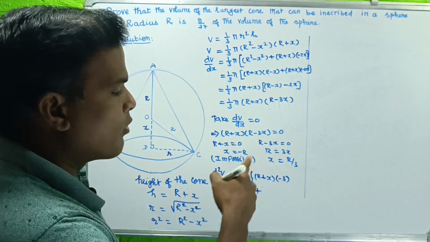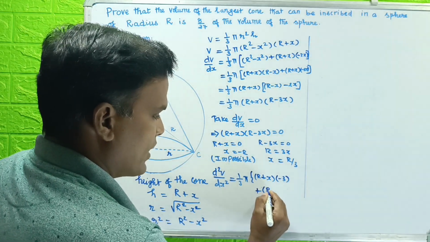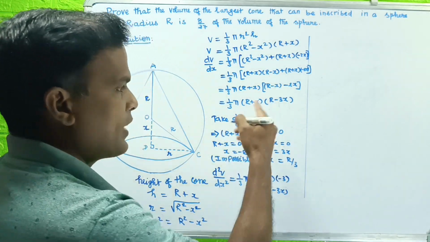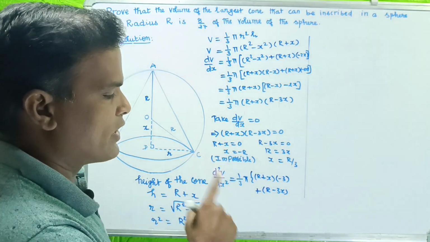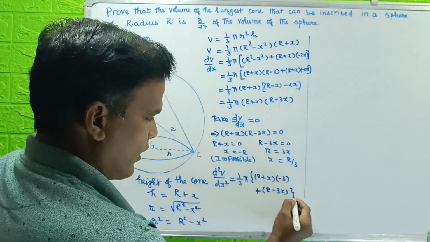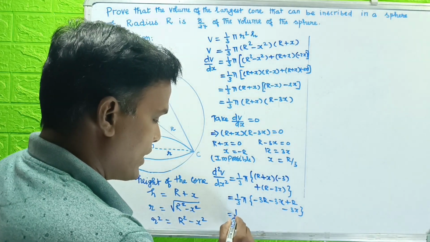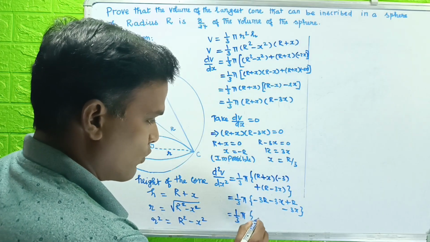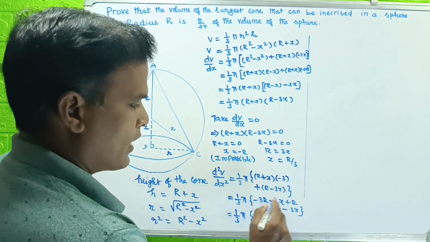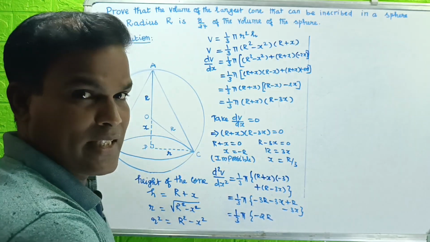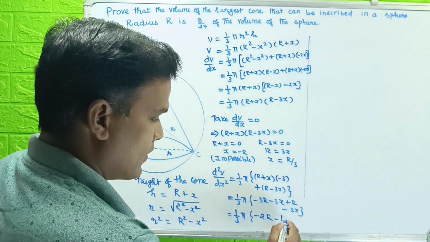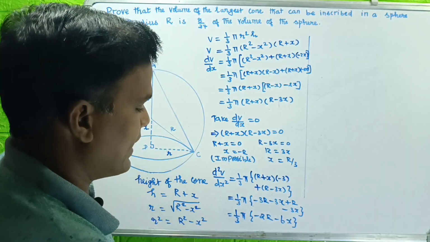Next, keep the r minus 3x as it is and differentiate the r plus x with respect to x. Differentiation of r is 0. Differentiation of x is 1. So into 1, no need to write. 1 by 3 pi into, let us simplify this one: minus 3r plus 1r, that is minus 2r, minus 3x minus 3x, that is minus 6x. Take the minus outside.